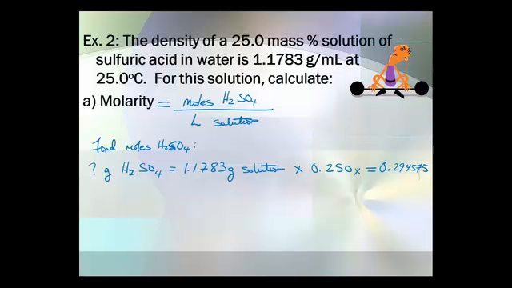And we're carrying 3 significant figures. The reason we're carrying 3 is that this has 3 sig figs. I'm not very sure why I wrote that X there. That doesn't belong.